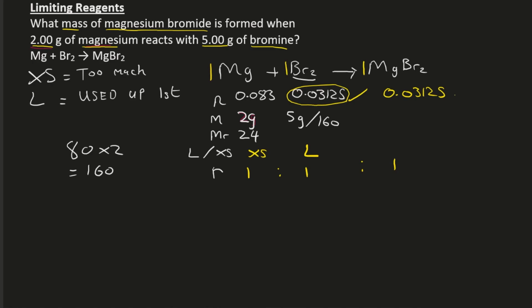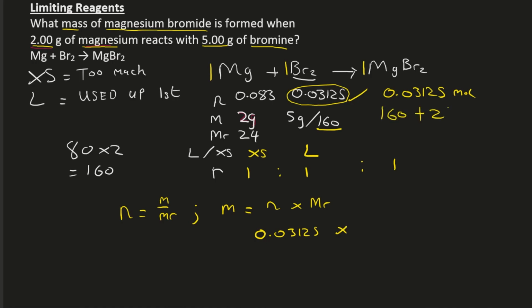And so the last thing you do then is you do your calculation to work out mass using the formula number of moles equals mass over molecular mass. Rearranging that becomes mass equals number of moles times the MR. And so there you have it. You have to do 0.03125 multiplied by our MR, which we said was 160, plus 24.